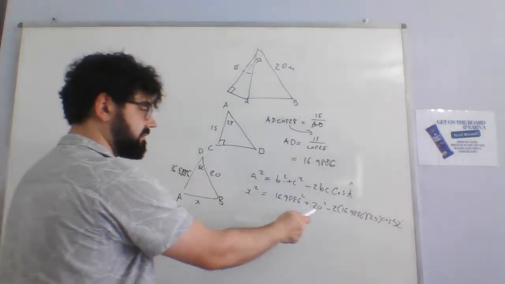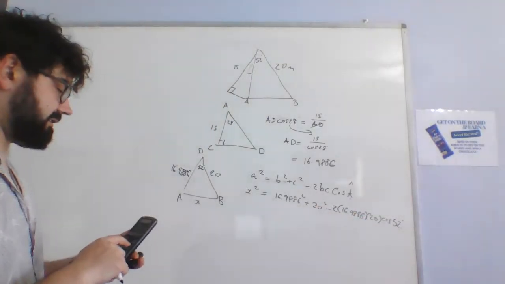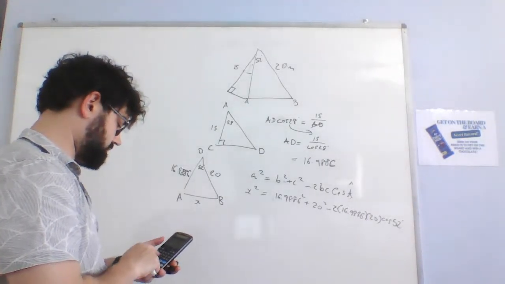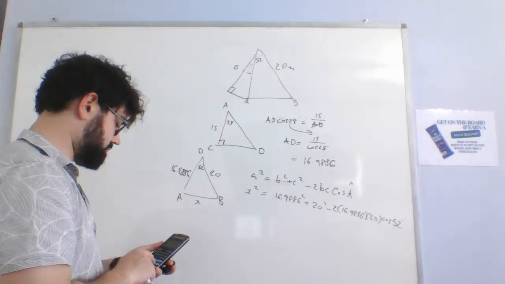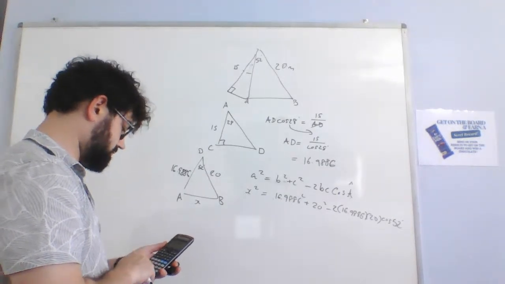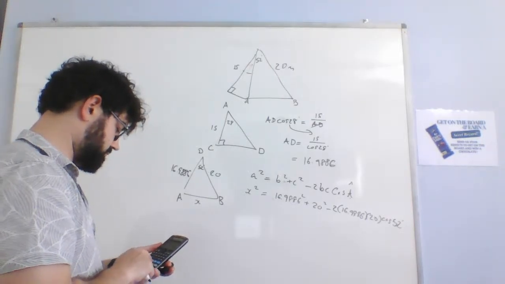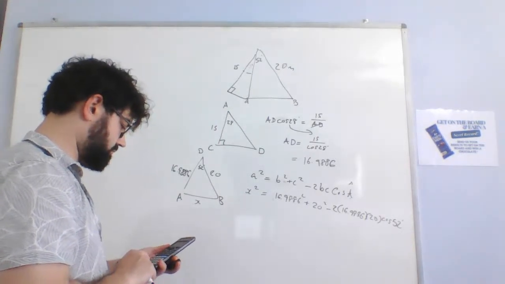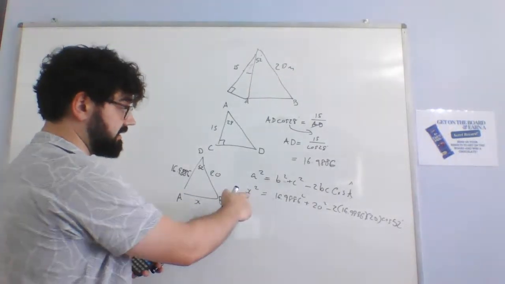We've got our two sides, and then the angle, and we just want to enter that into the calculator. And that is going to give us 270, right? So we need to square root it.